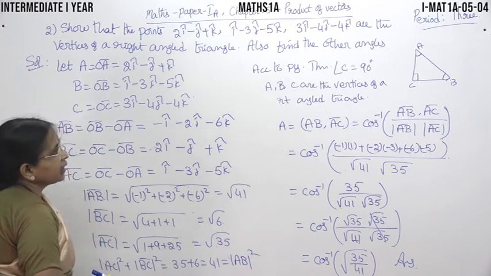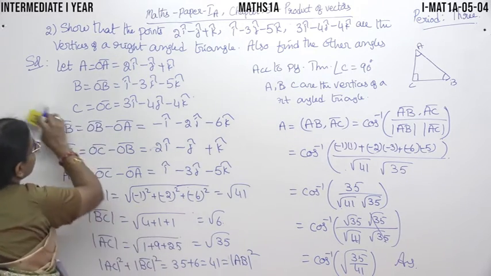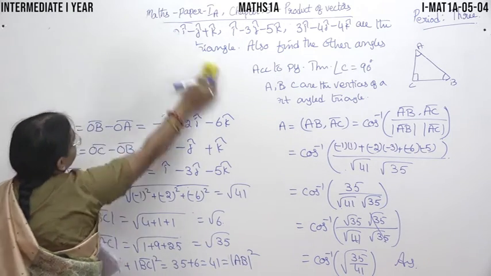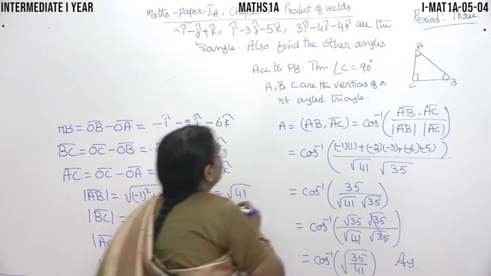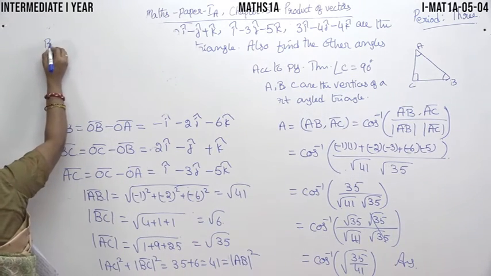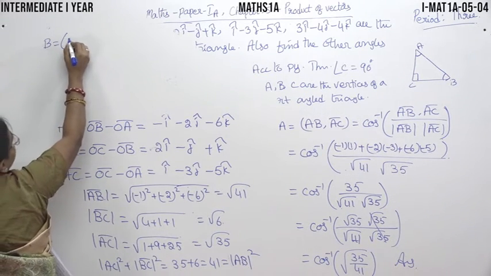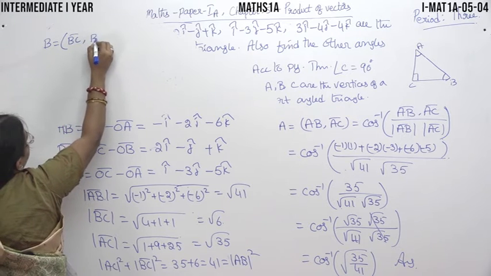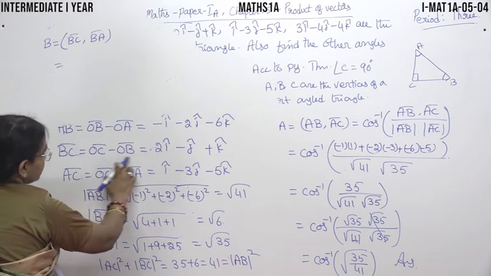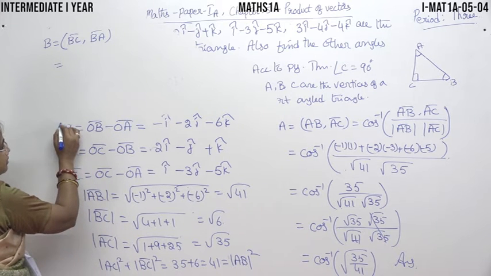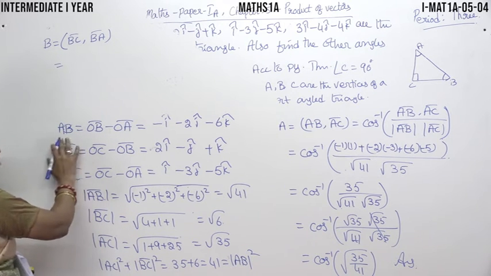Now you find the other angle B. What is the other angle B? B is the angle between BC and BA. Now what is BC? BC is this. BA means it is minus of AB.